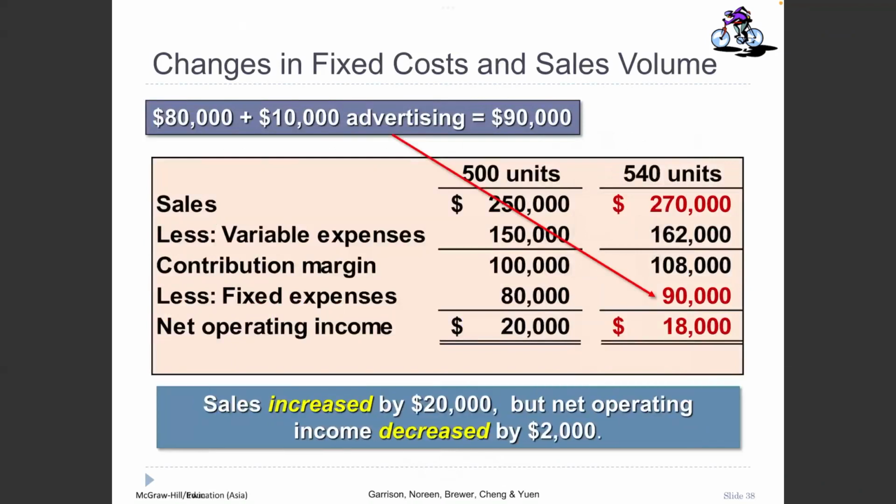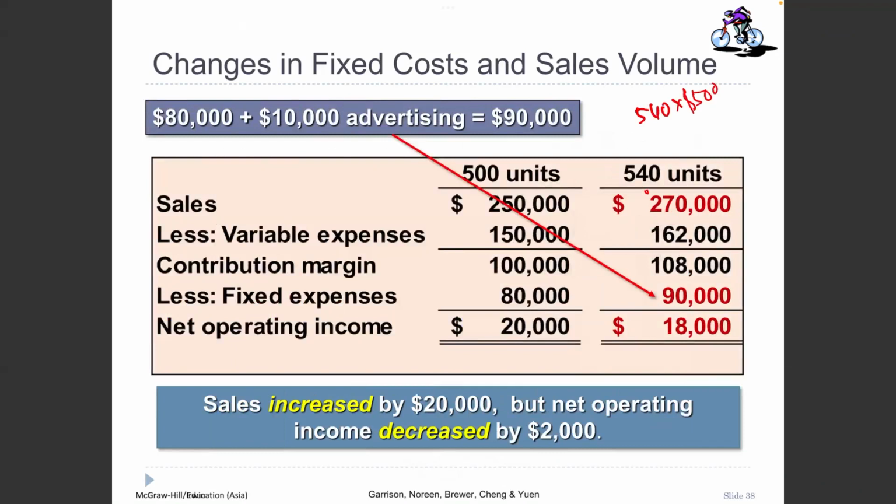Okay, so you can do it like this. The sales is 500 units, increasing to 540 units. So the sales become 540 multiplied by $500, and you get $270,000 as your sales.